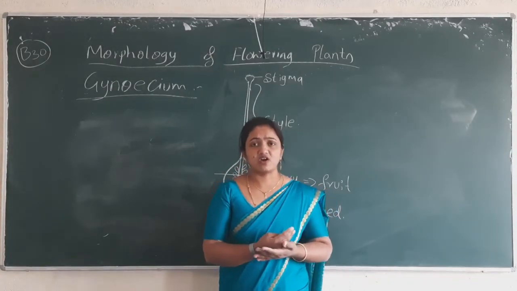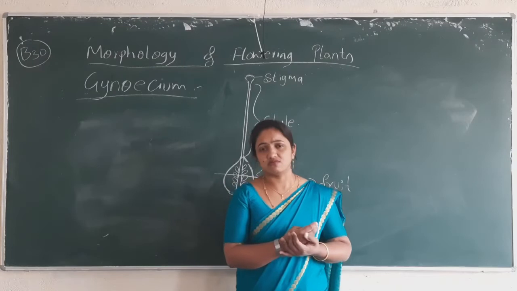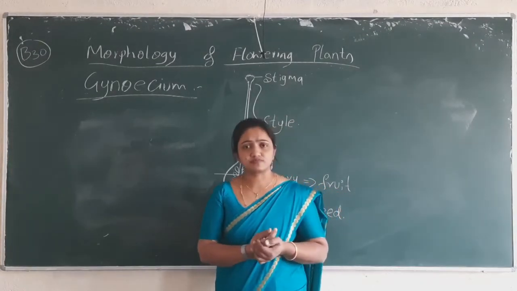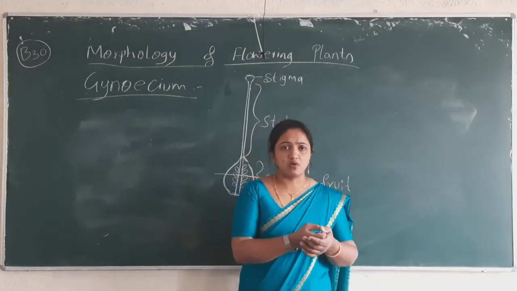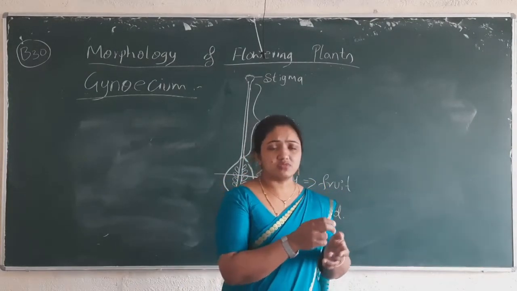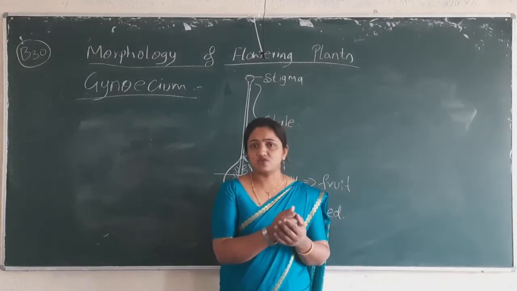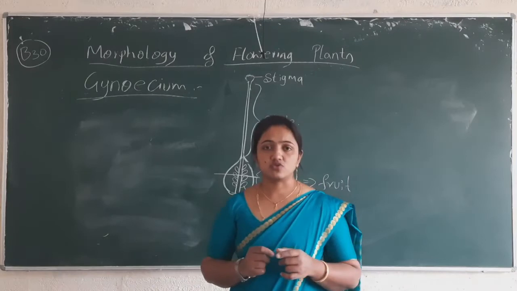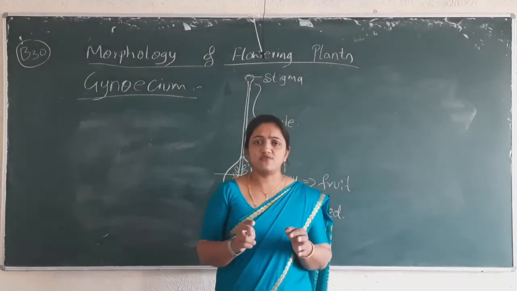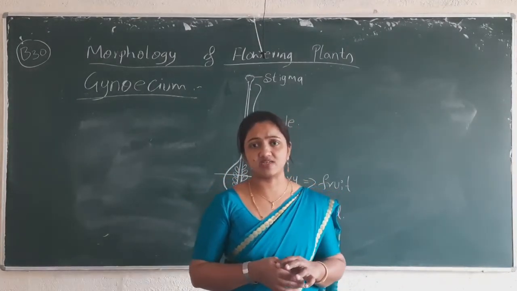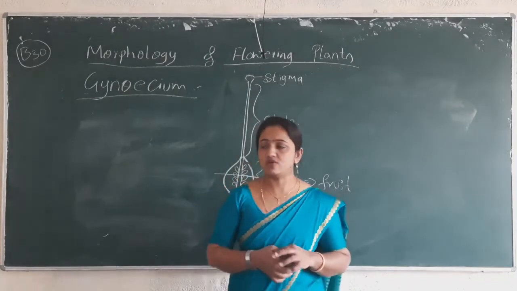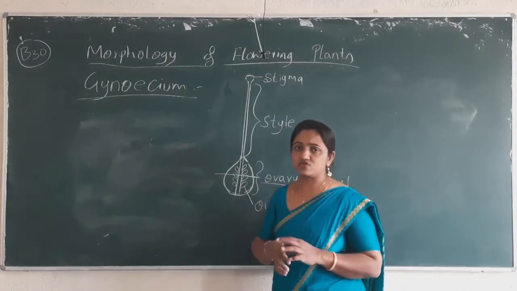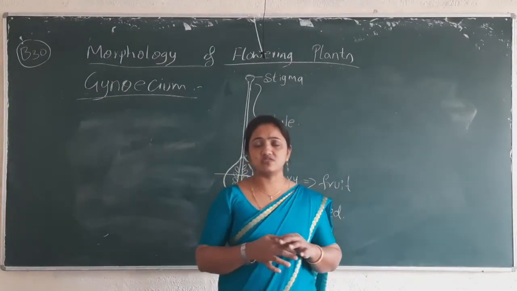The inner part of the ovary is not visible to the naked eye. If you have a microscope, you can observe the ovules inside the ovary. If it is not there, no problem. When you come to college and we start the practicals, I will show you. No need to worry about it. Otherwise you can do this work at home.